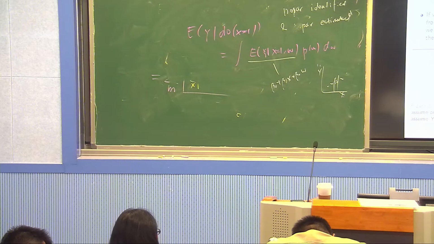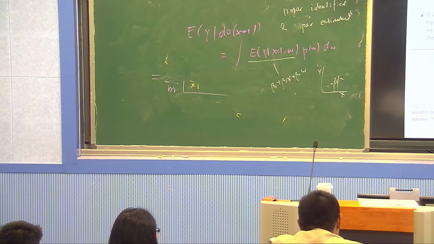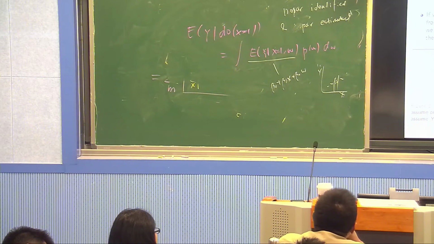However, if we observe an instrumental variable, a variable for which the only way to influence y is going through x, and this variable is also independent from the u, then we can use it as an instrumental variable.